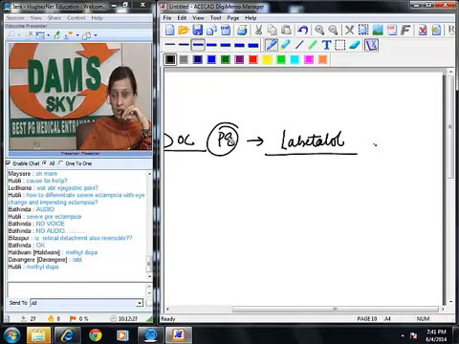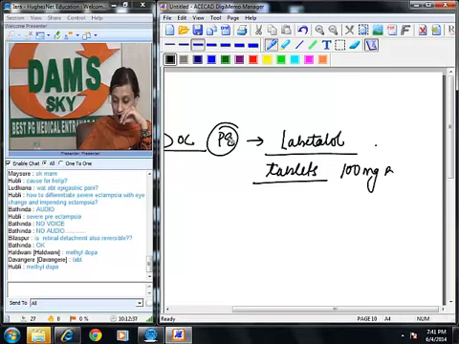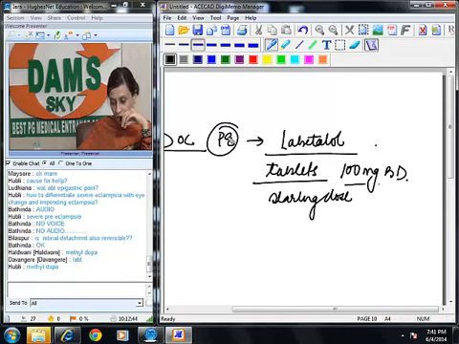Now when you talk about labetalol, it comes in the form of tablets, and the dose is 100 milligram BD. So the starting dose is 100 milligram given twice a day.